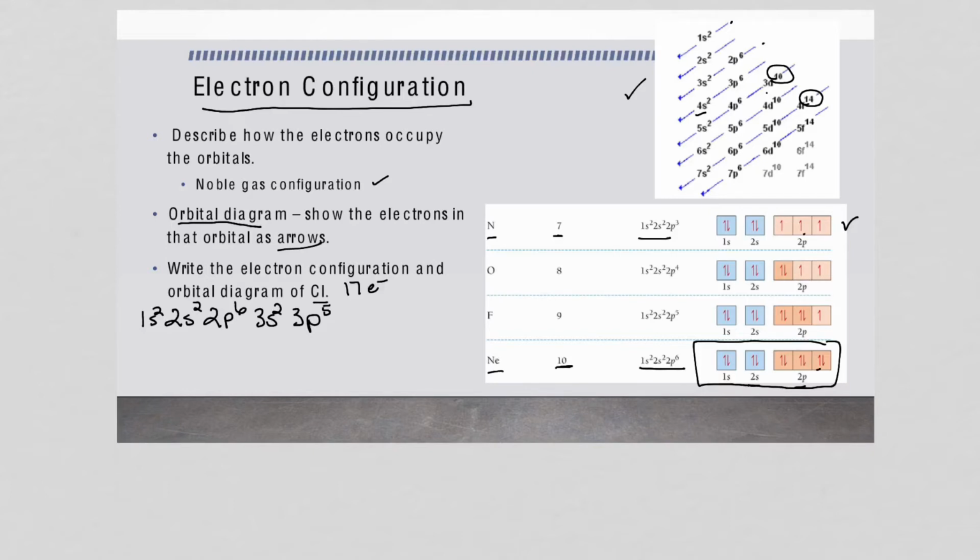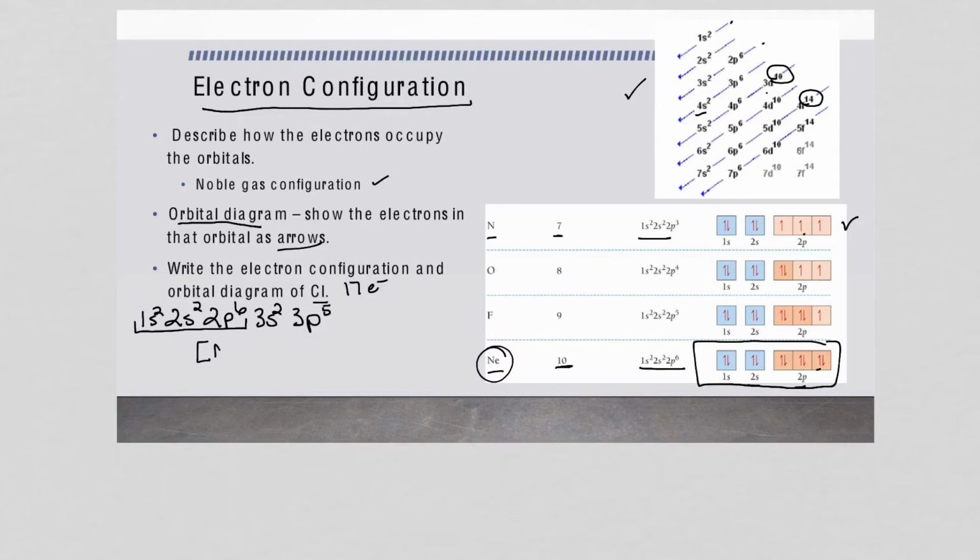Now, noble gas configuration. If you look at chlorine, going backwards, the nearest noble gas is neon, and neon has 10 electrons. So what neon can do is represent this block of 10 electrons.